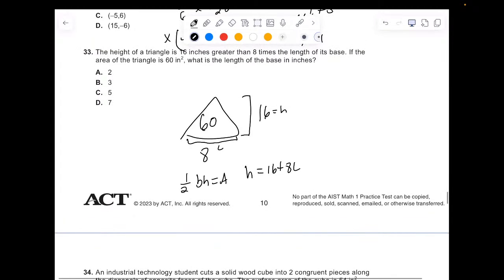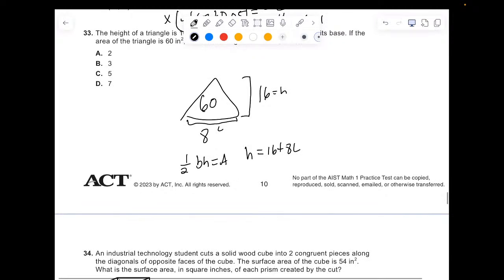We're trying to find the base, so 1/2 the base times h, which is 16 plus 8L, equals 60. Wow, L is equal to the base, my bad.